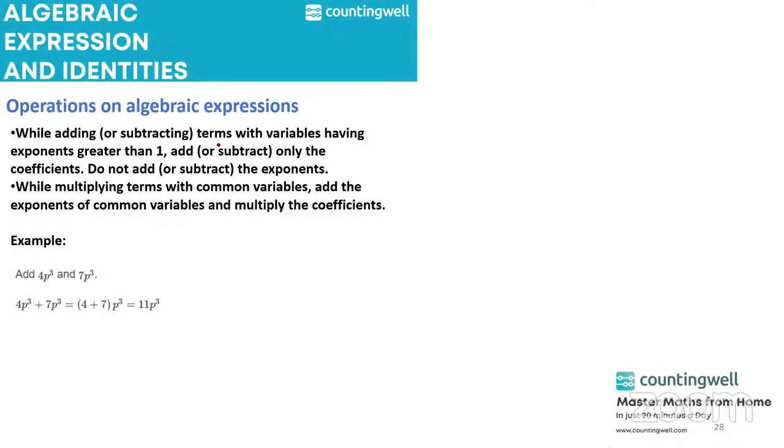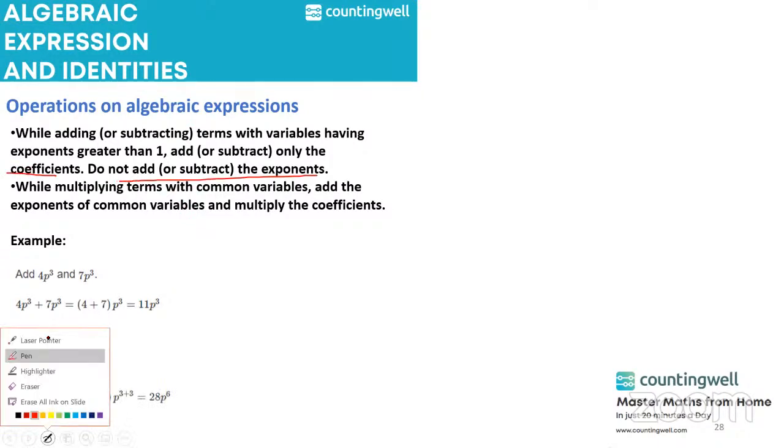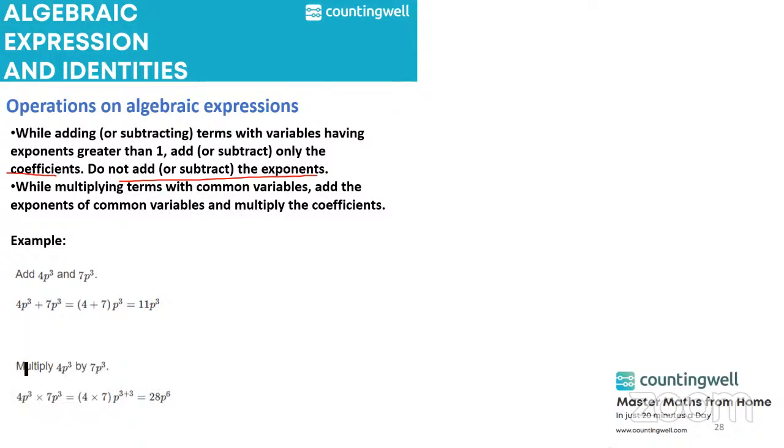Now, when adding or subtracting terms having exponents greater than 1, add or subtract only the coefficients and do not add or subtract the exponents. Correct? Here you can see 4p cube and 7p cube. These two are like terms because both have the algebraic factor p cube.